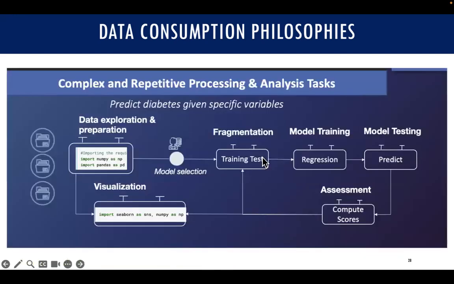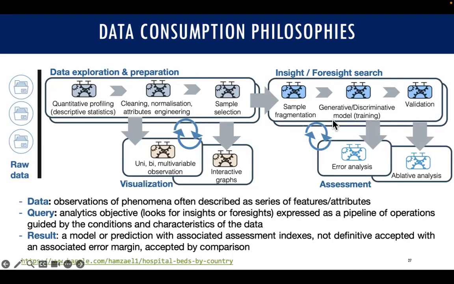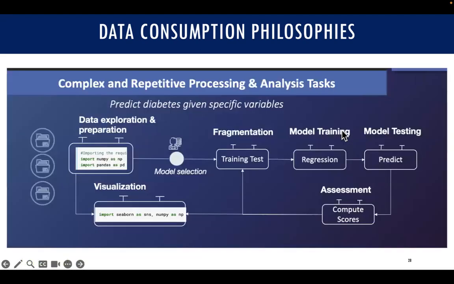Okay, so, example. The pipeline that I'm referring to here is defined here. It's a complex and repetitive set of processing and analysis tasks. How much, how complex, etc., depends on the problem. And so, for the time being, these pipelines are done in an artisanal manner.